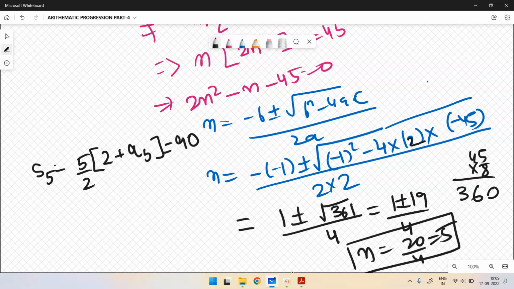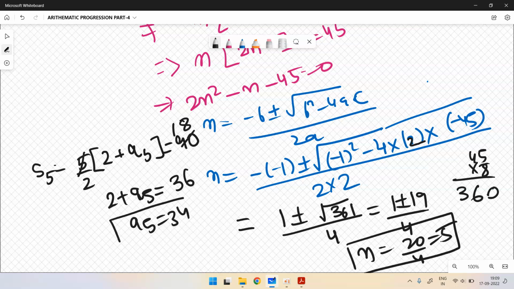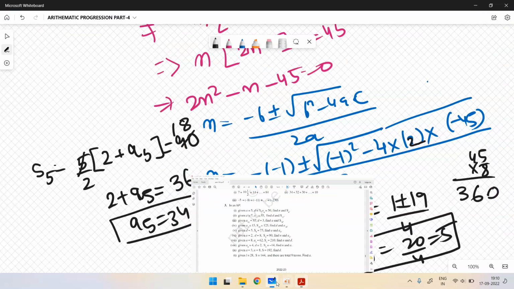So calculate this: 5 into 5, 45 is the 40 and the 36. So 2 plus a5 equals to 18 into 36. So a5 is 34. a5 is 34. This is the answer. So you need to do calculation correctly.